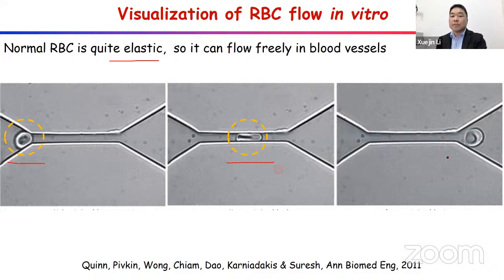And after the red blood cell moves out from the exit, you can see the red blood cell recover its original biconcave shape here.